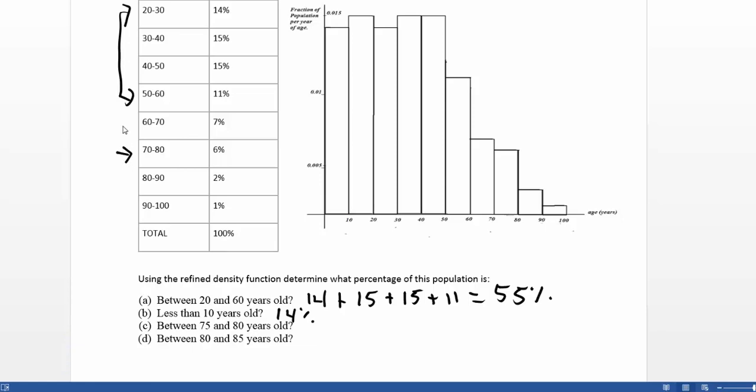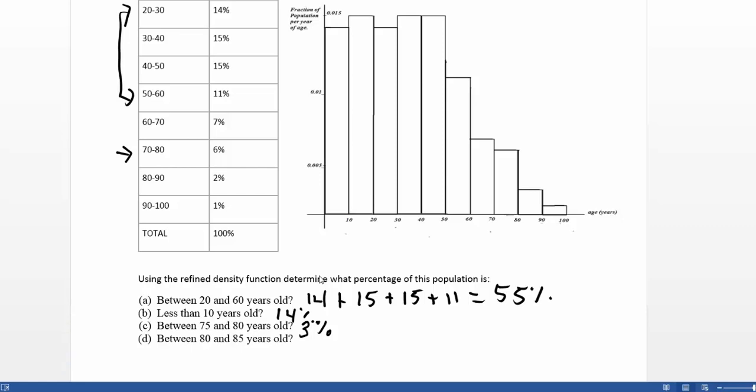It's a 10-year span, but we're interested in 5 of those years. 75 to 80 is 5 years out of 10, so we can take that 6% and multiply by 1/2, or 5 over 10. So that's going to give us an approximation of 3% here. In example 1, we got 3.25%. So we've actually made our approximation better because our interval is smaller.